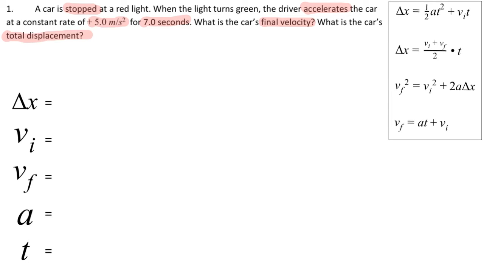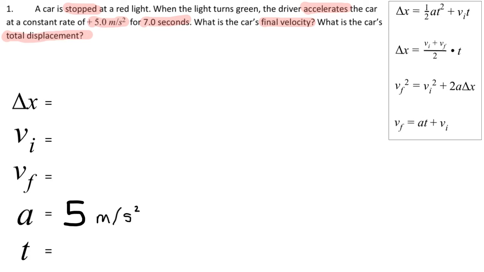The next thing I want to do is start assigning numbers to my variables. So here I see plus 5 meters per second squared. Right off the bat, I see that meters per second squared is the units for acceleration, and it also says that the driver accelerates the car at a constant rate of 5 meters per second squared. So I'm going to put my 5 right there.